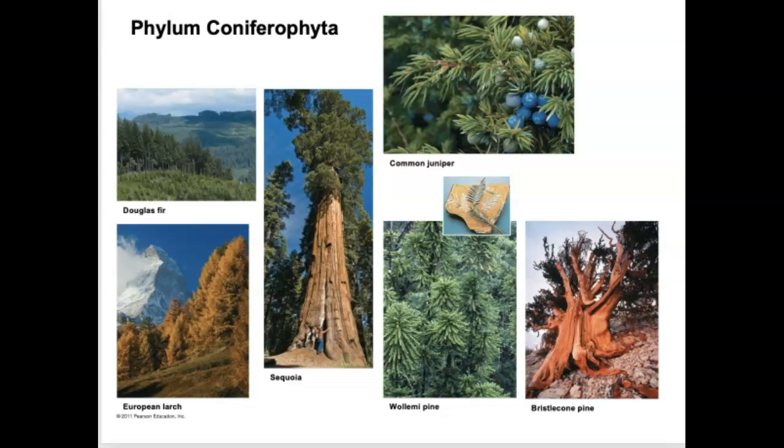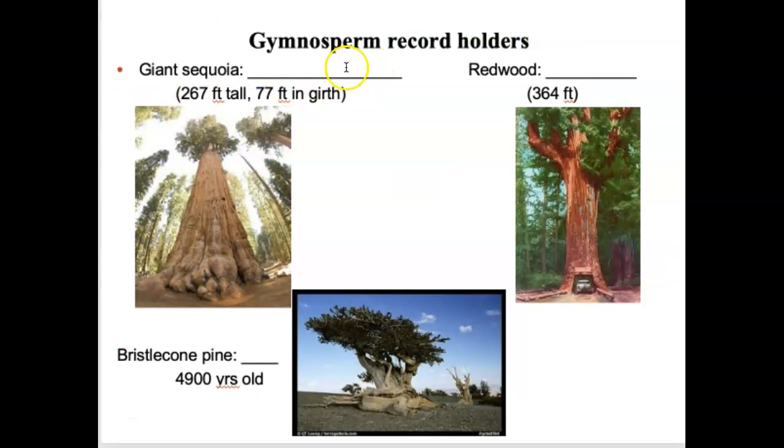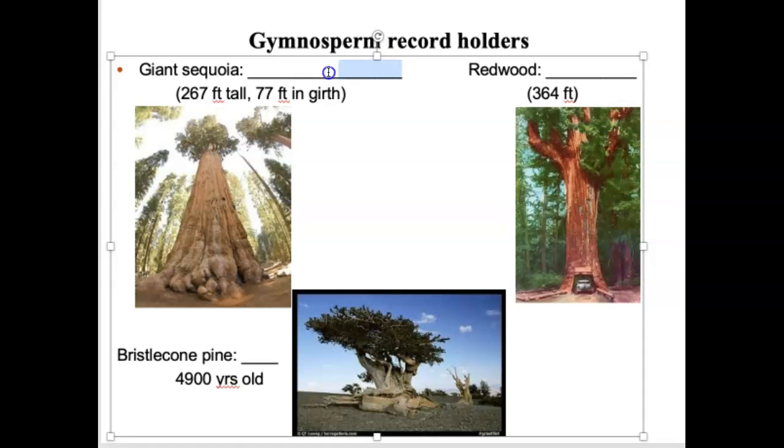This phylum, it's an evolutionarily old group. So this phylum actually has some pretty amazing members within it. They actually hold some records when we talk about plant diversity. The giant sequoia holds the record for being the most massive living organism on the planet.